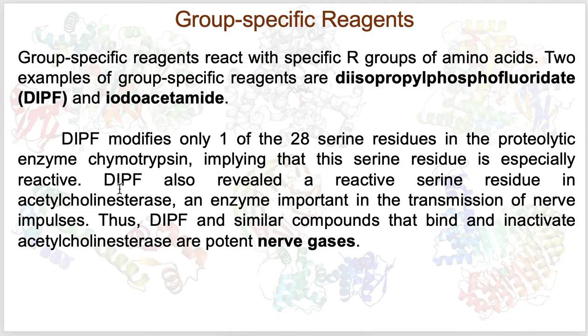So if DIPF is there, it interferes with the activity of this enzyme. So DIPF or the other inhibitors which can inactivate acetylcholine esterase are potent nerve gases. That means DIPF can be used as a nerve gas.